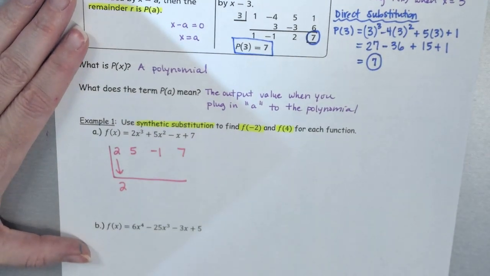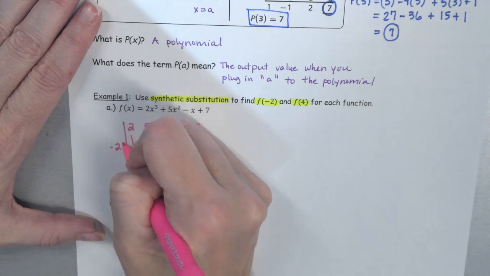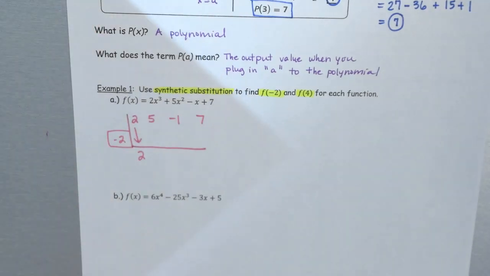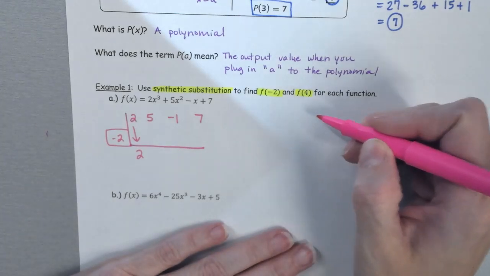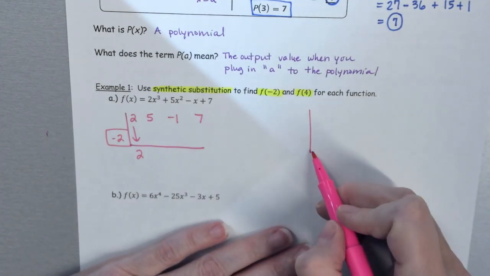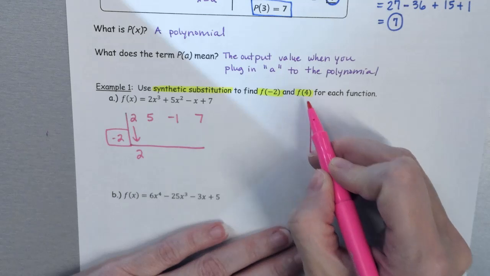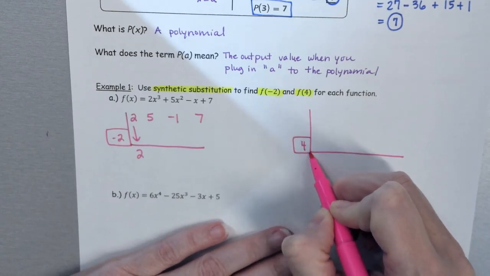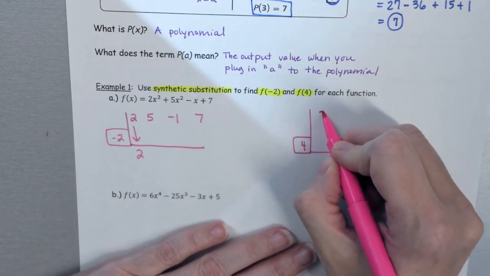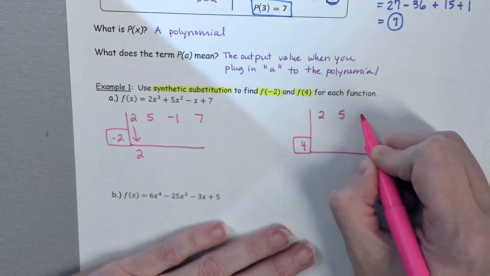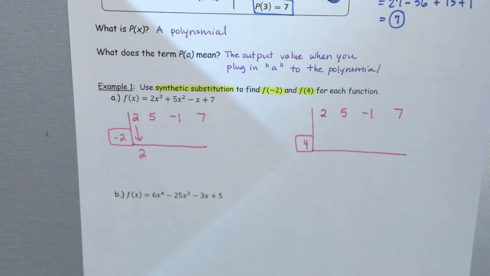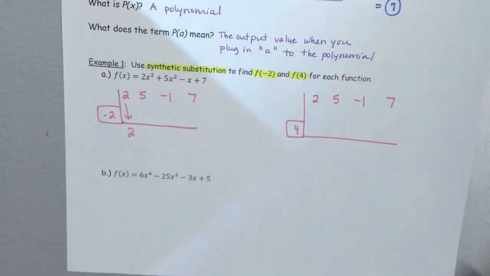Okay, if we're doing f of -2, you're going to have -2 to the side here. And then you can go ahead and do your synthetic substitution. And we're going to do the same thing for f of 4. Okay, so I'll give you a minute to go through those. I want you to do them without your calculator.